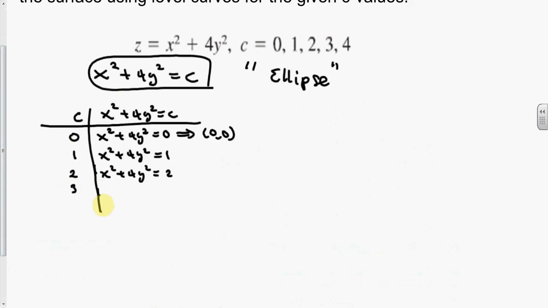When c is 3, it is equal to 3. And then when c is 4, it is equal to 4. Now we do some work on each of those equations to be able to graph.